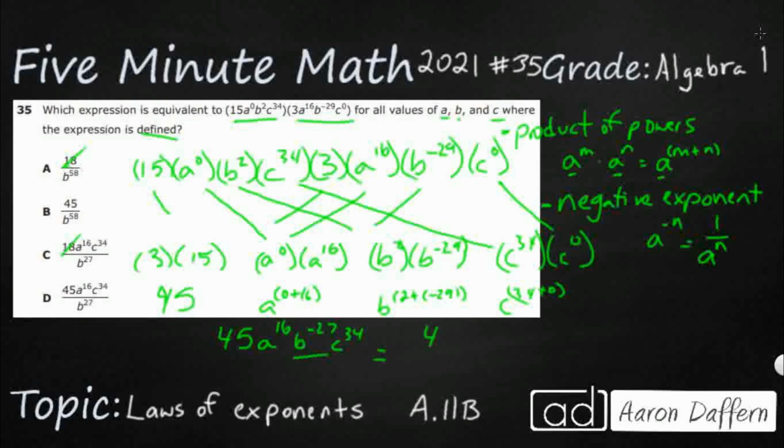I'm going to leave my 45. My A to the 16 is good. My C to the 34 is good. I'm going to take my B to the 27 and just move it down to the denominator of a fraction. And so these two expressions are equal. So my answer here is going to be D.